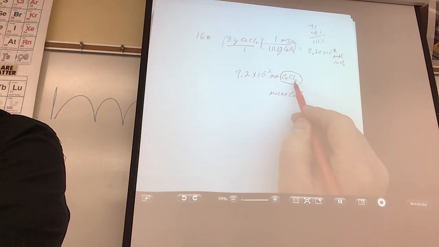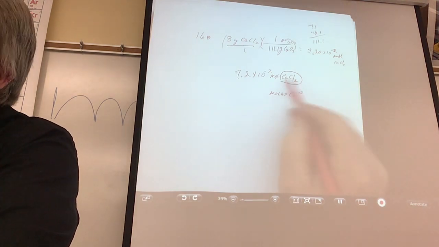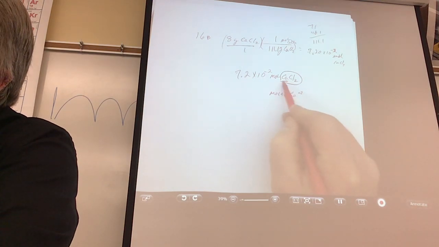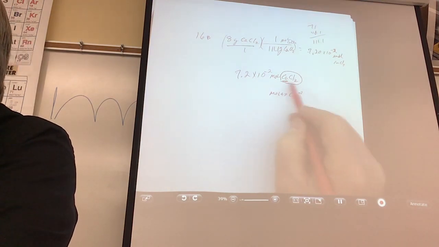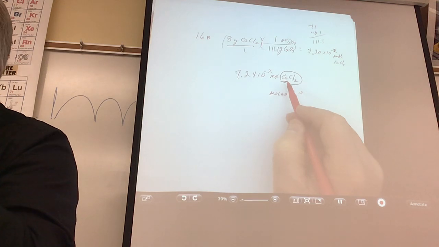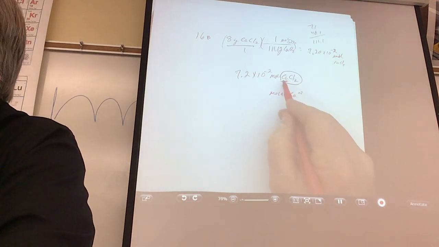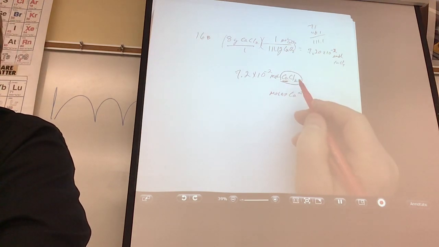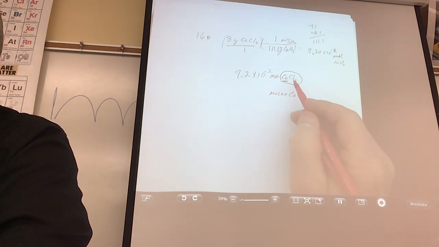In the big world, mole. This is 1 mole of calcium chloride. If I give you 1 mole of that, how many moles of calcium ions are in there? A mole. And how many moles of chloride ions there? 2 moles.